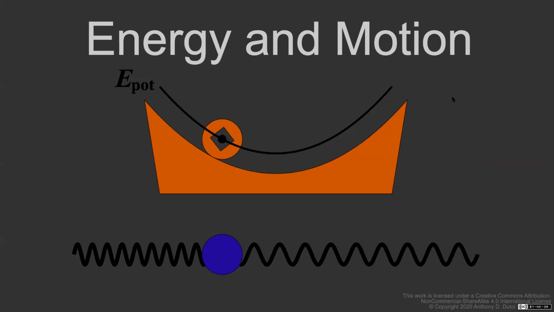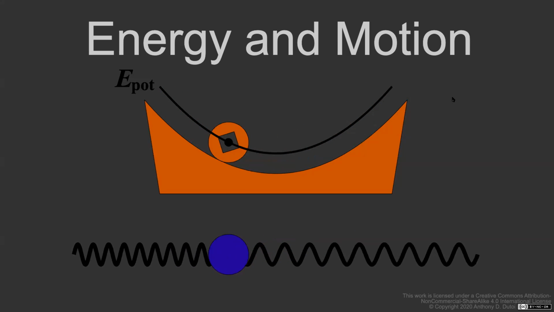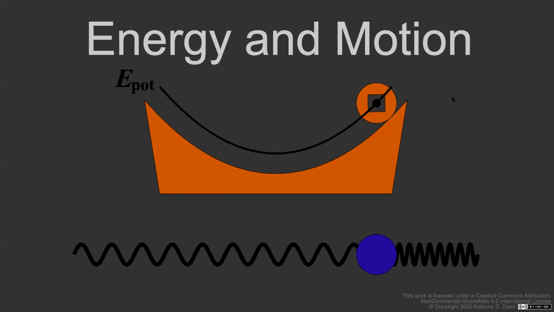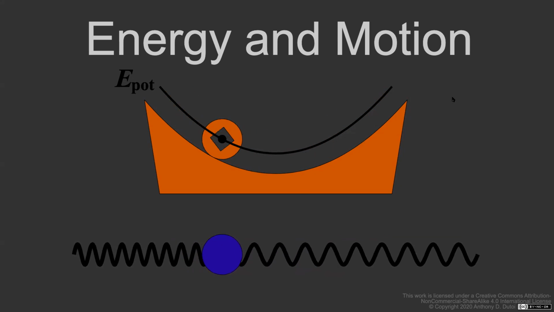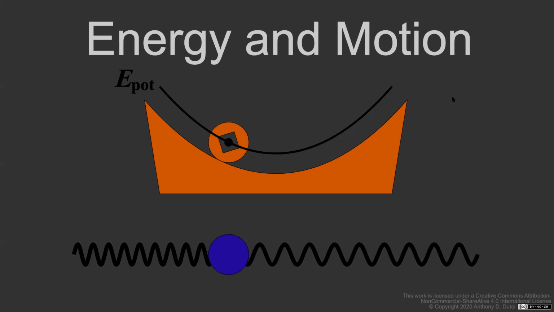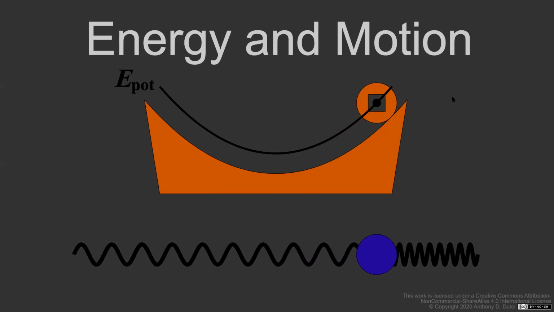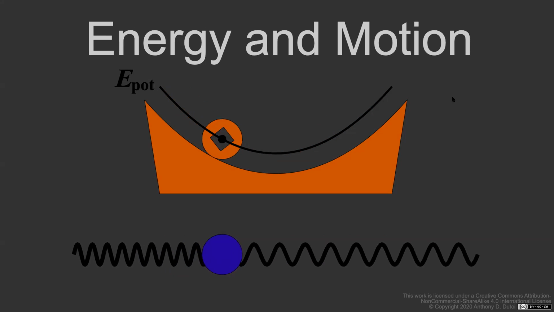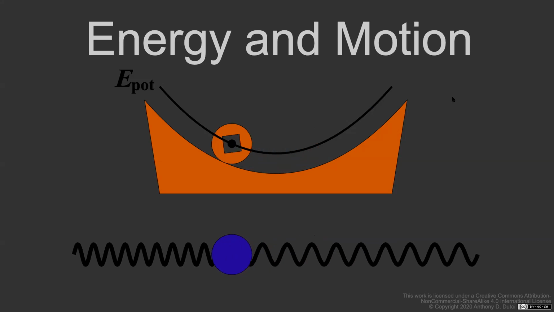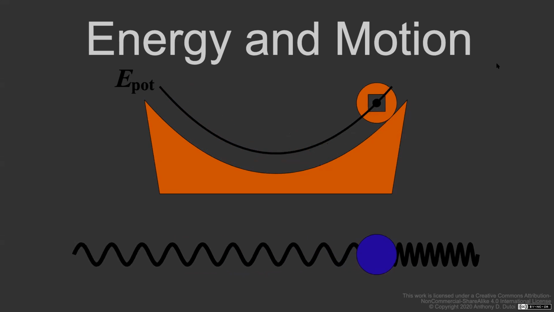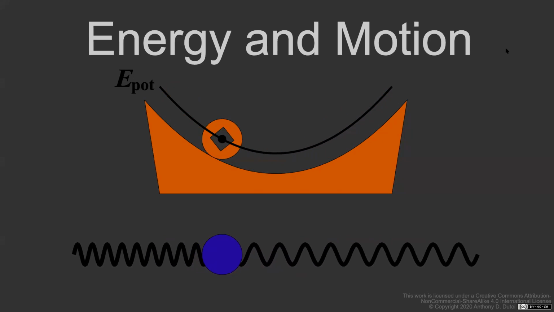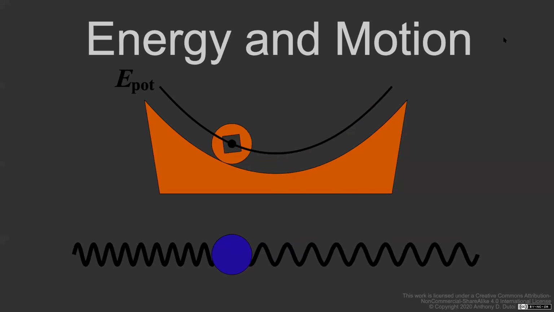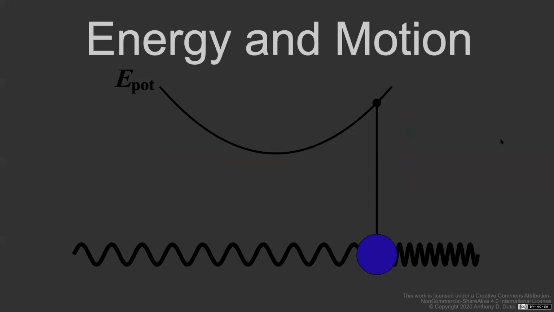And so the idea here, though, is that when a physicist looks at this ball on the spring, they're also in their head imagining a hill, a potential energy hill. This is what a ball on a spring might look like to you. This is what it looks like to a physicist, right?